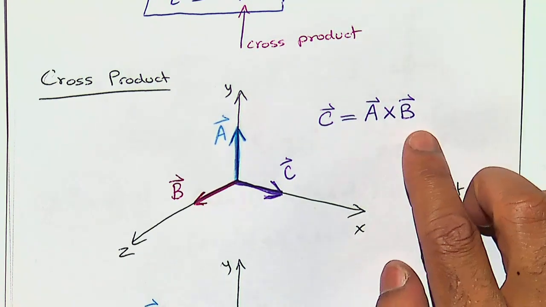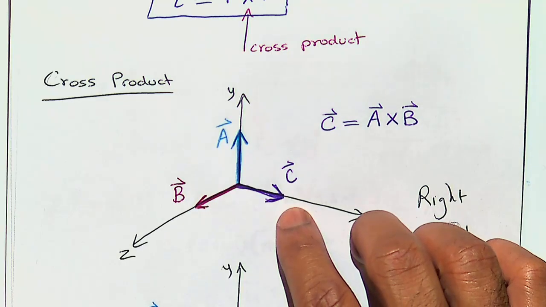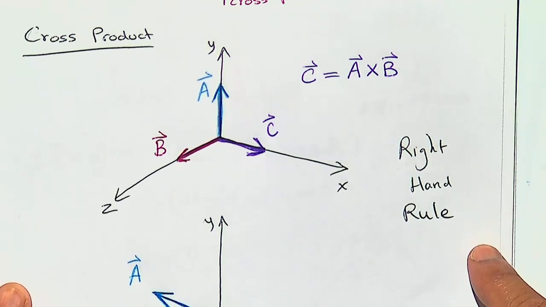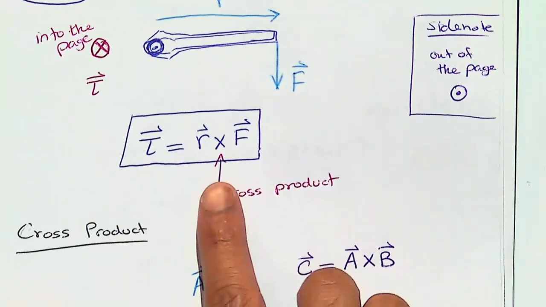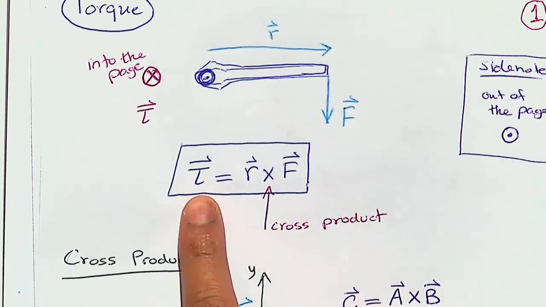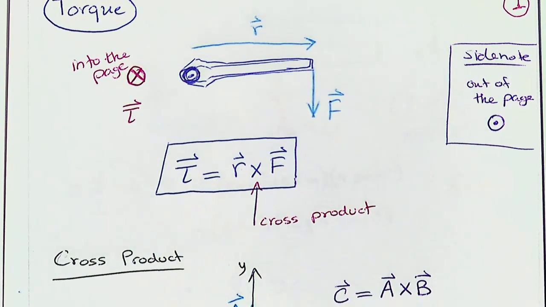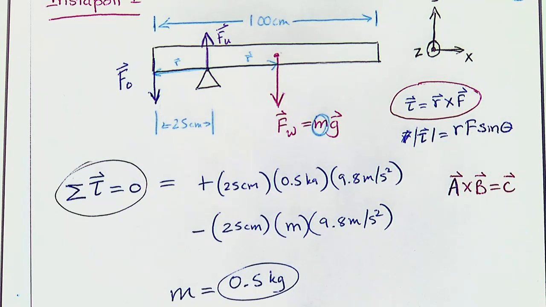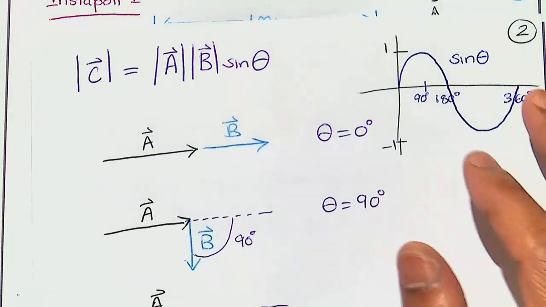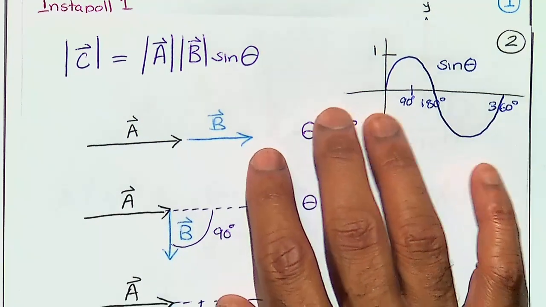If A and B are arbitrary vectors, which way does C go? You have to use the right-hand rule. But the right-hand rule only tells you the direction of the result. So if you use R cross F, it tells you the direction of the torque, but not the magnitude. If you want to know how much torque there is, that's a different equation, a different setup.